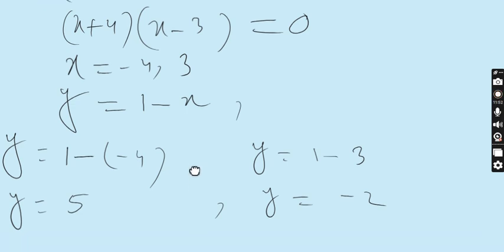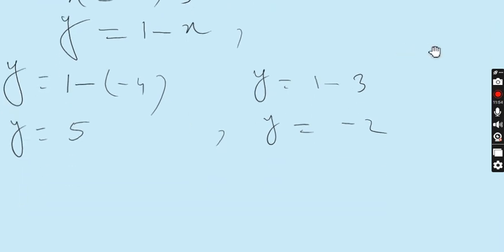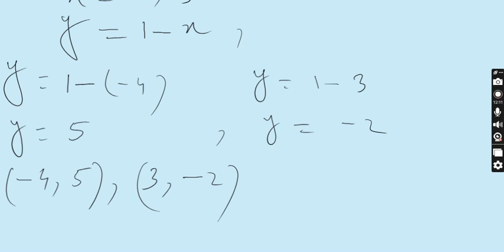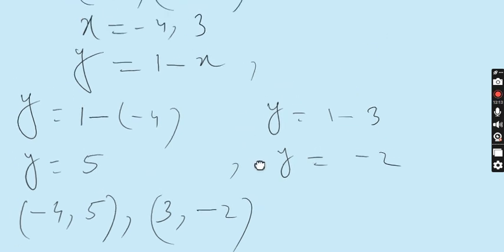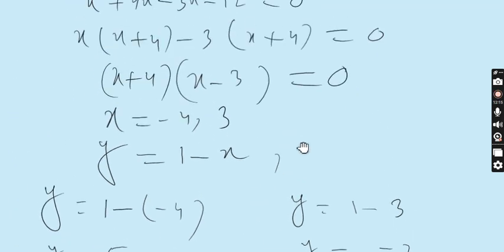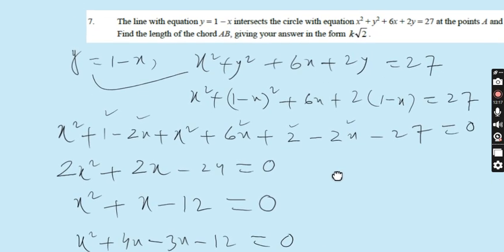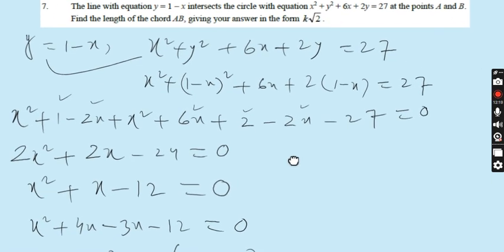Now write the coordinates. When x is minus 4 then y is 5. When x is 3, y is minus 2. So these are the coordinates. Now what is the question? The question is to find the length of chord AB.